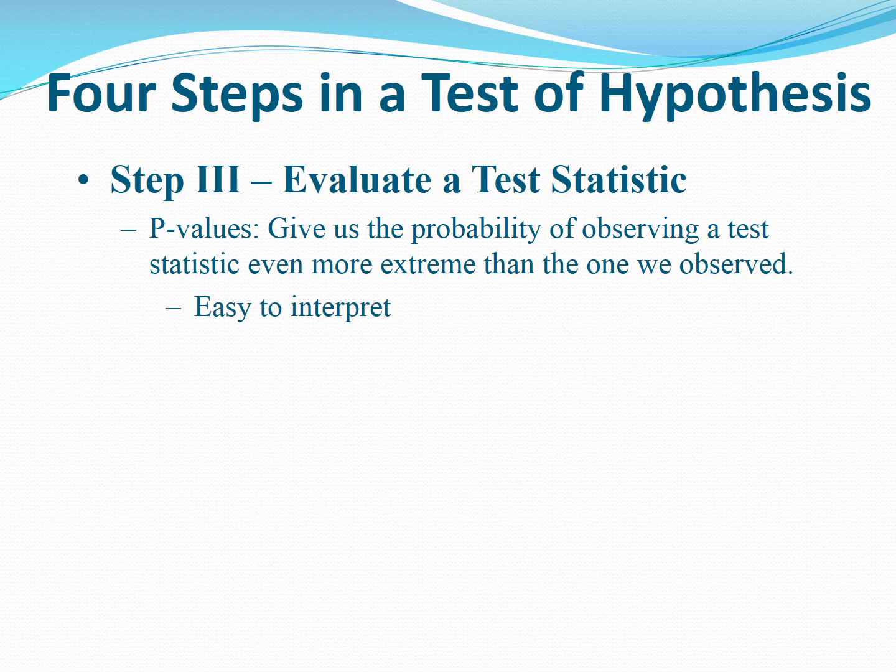And p-values take a look at that curve, that distribution, that Z, that T, that F, that chi-square, whatever it is you're working with, and give us the probability of seeing something even further out than what we observed, even more extreme than the one we observed. So the test statistic and the rejection region kind of work together to figure out, is the test statistic beyond that cutoff point?